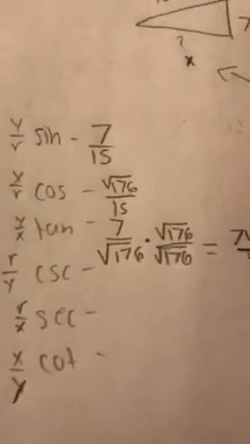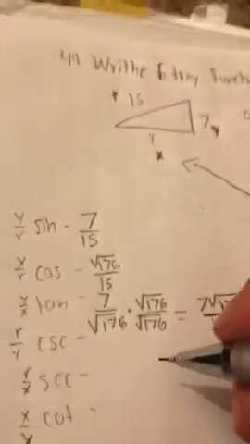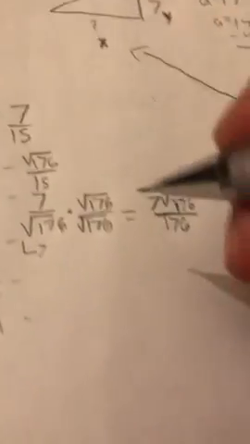Cosecant is hypotenuse over the opposite, and that's going to be 15 over 7.